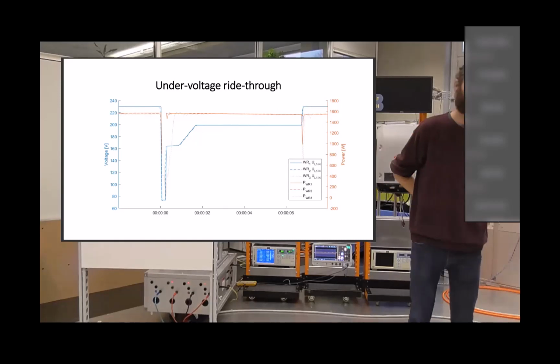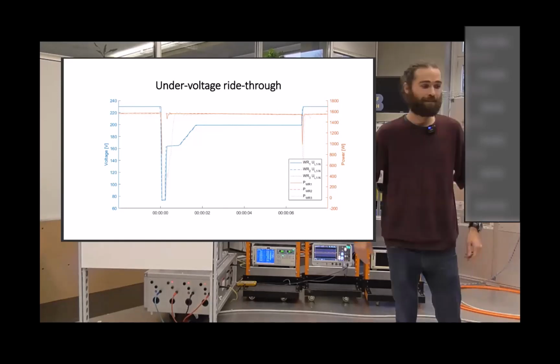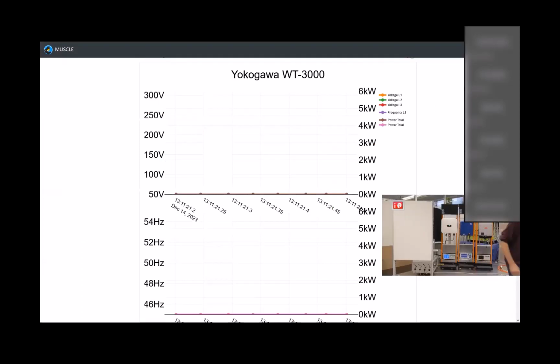Okay, let's start the test now. I'm just starting everything. It needs some time to recalibrate all the measurements. What you can see now is the voltage and the power just in some seconds.